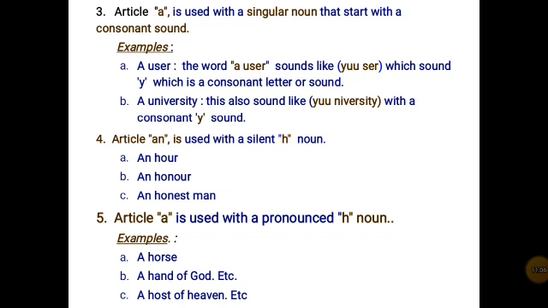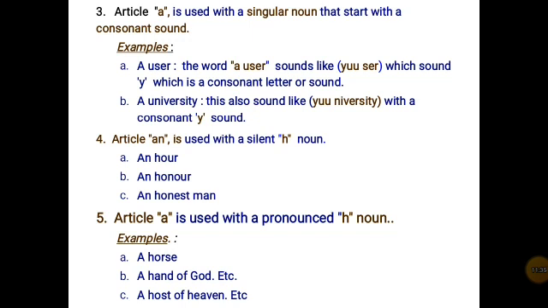Now, point number 5, that is rule number 5 on how to use article A or article an, which are indefinite articles, is talking about article A now. That is, article A can be used with a pronounced H noun. Remember that point number 4 says article an can be used with a silent H noun.